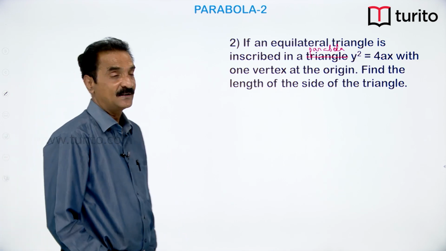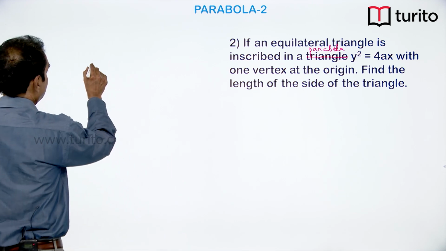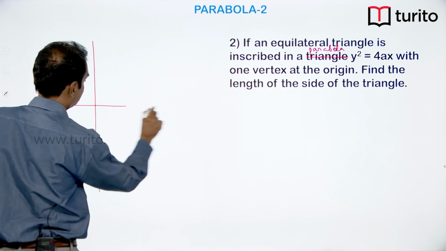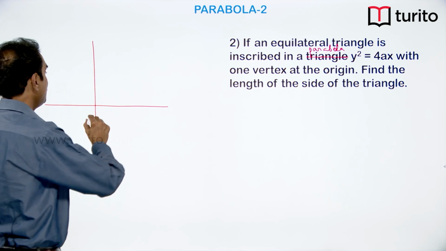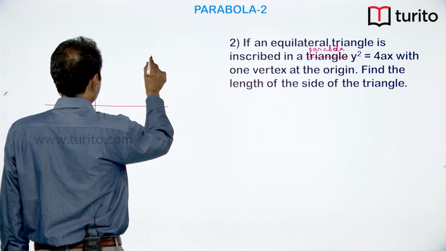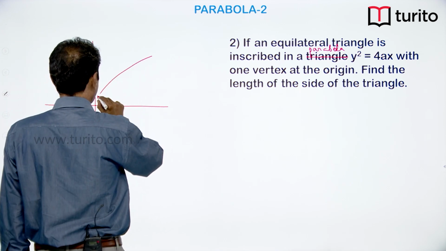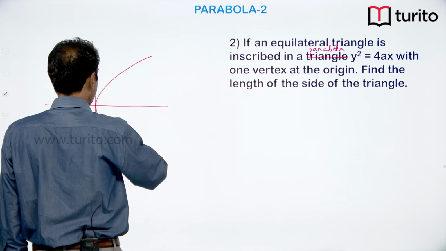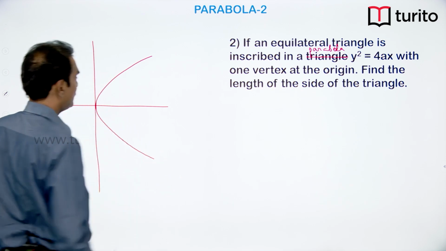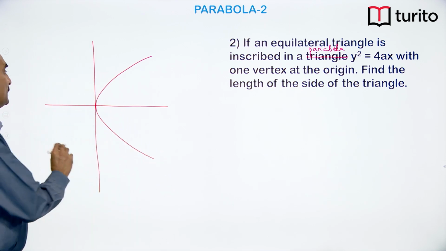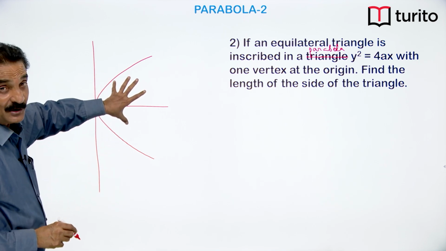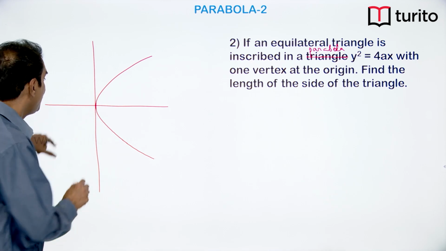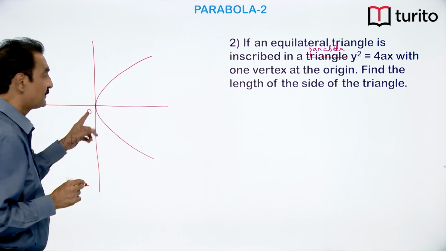It is a nice question. The parabola y square is equal to 4ax will be this. Now we have to inscribe an equilateral triangle. How? With one vertex at the origin.